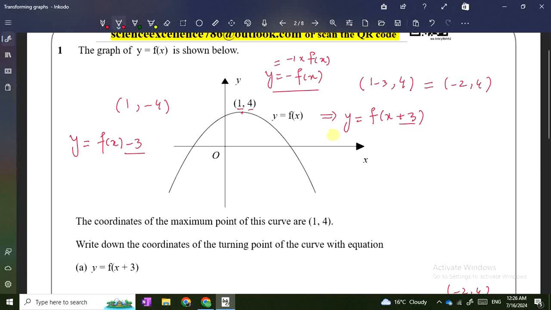That means we take away 3 from 4. The coordinates of the turning point of this new function will be 1 as the x coordinate as it is, and 4 take away 3 is 1. So the coordinates of the turning point of this new function will be (1, 1).